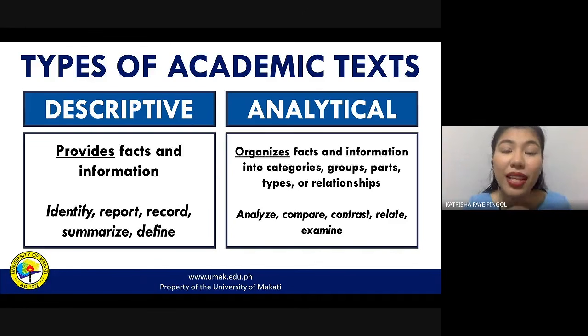Now, when you have identified the relationships, their connection among each other, then that's the time that you can organize them into different categories, groups, themes, parts, and types. Again, some keywords that you can use: analyze, compare, contrast, relate, and examine.